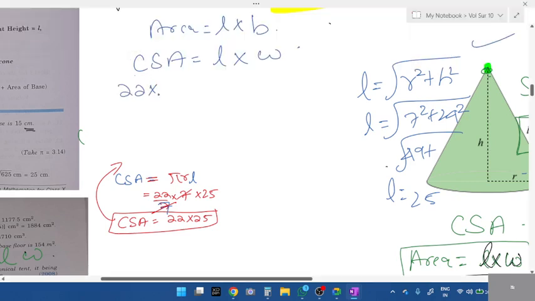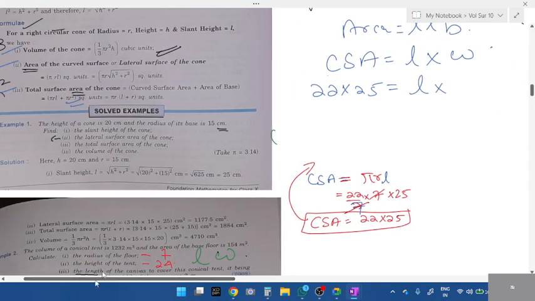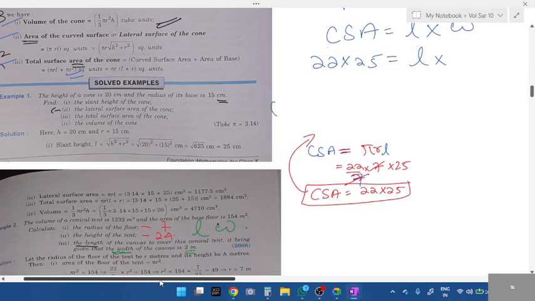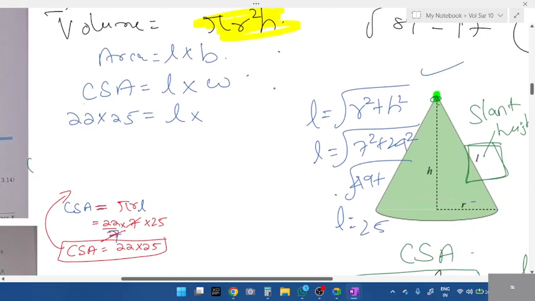So 22 into 25 is equal to length into width. The width is given, 2 meters. Therefore, L is equal to 22 into 25 divided by 2. 2 elevens are 22.